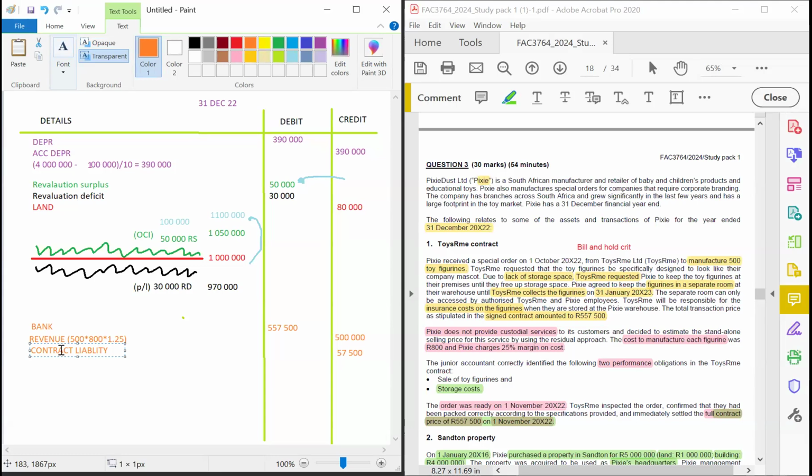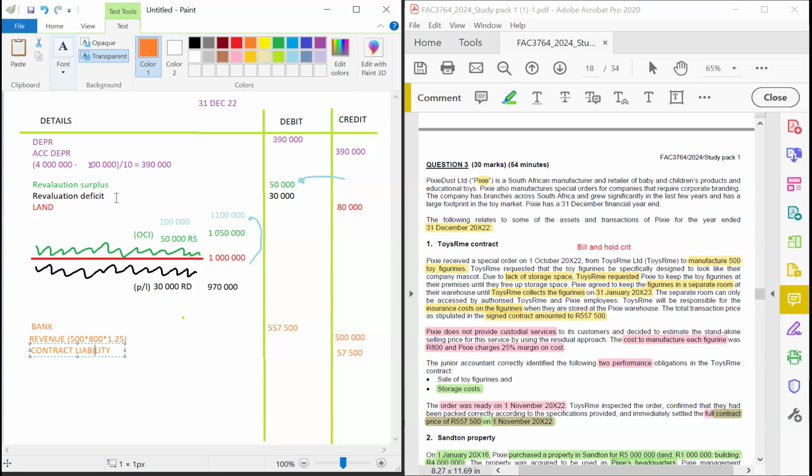Mabuza, can I take your question? Hello, am I audible? Yes, you are. Okay, so my question basically is, since contract liability is basically income received in advance, we received an extra amount for a performance obligation that we haven't satisfied as yet. So hence it's a liability.